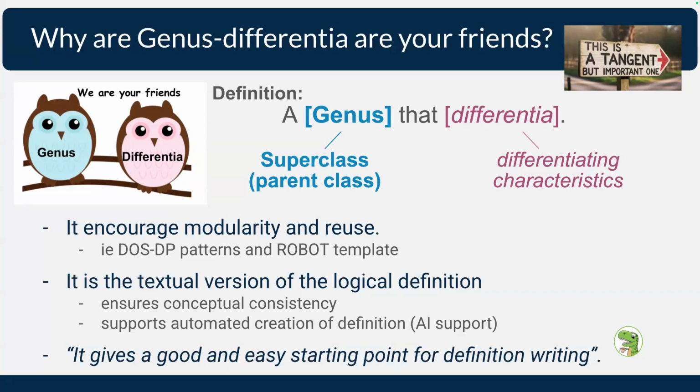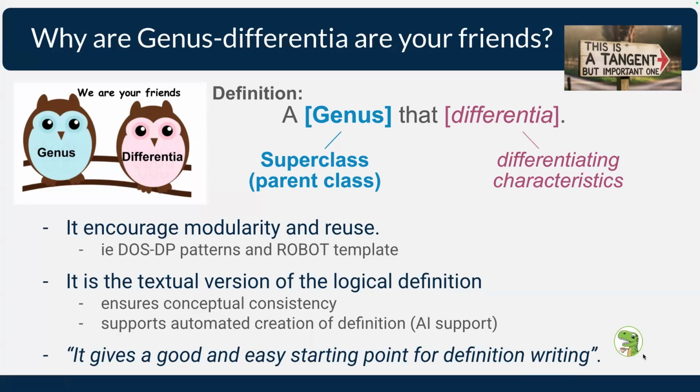If you do not know what those DP patterns and ROBOT templates are, I will refer you to the OBO Academy. We can also have an additional tutorial, just let us know. The genus differentia format is also basically the textual version of what the logical definition is. So that helps also with consistency, and it also helps with supporting definition using AI tools. We'll talk about that a little bit later in the talk.